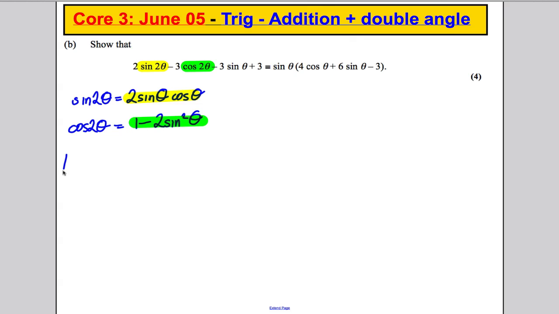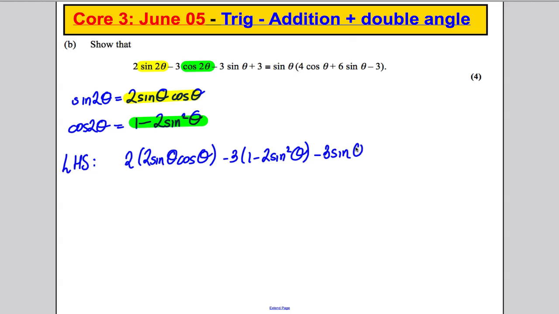So you start off with the left hand side and you say that's 2 sine theta cos theta, subtract 3 times 1 subtract 2 sine squared theta, and then you've got your subtract 3 sine theta plus 3.